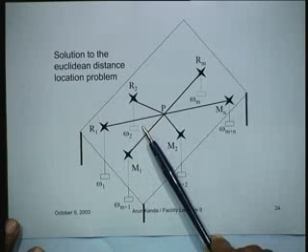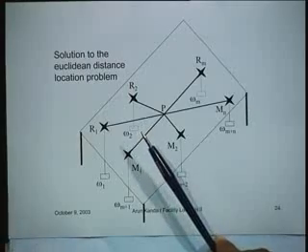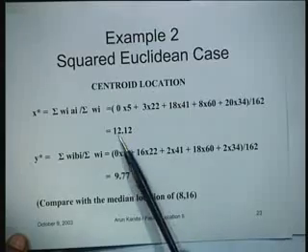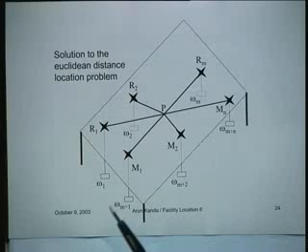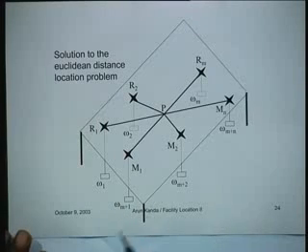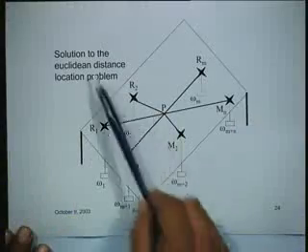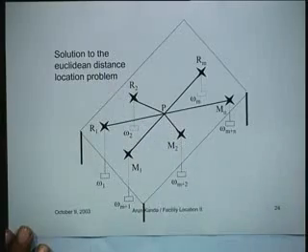You start with a trial point P, and the trial point P in most solutions is the solution to the centroid problem. So you can start with 12.12 and 9.77 and then keep iterating in a certain fashion. We will talk about that algorithm in the tutorials, but essentially this is an exact solution of the Euclidean distance location problem, and I think that gives you a broad idea of how these problems are.